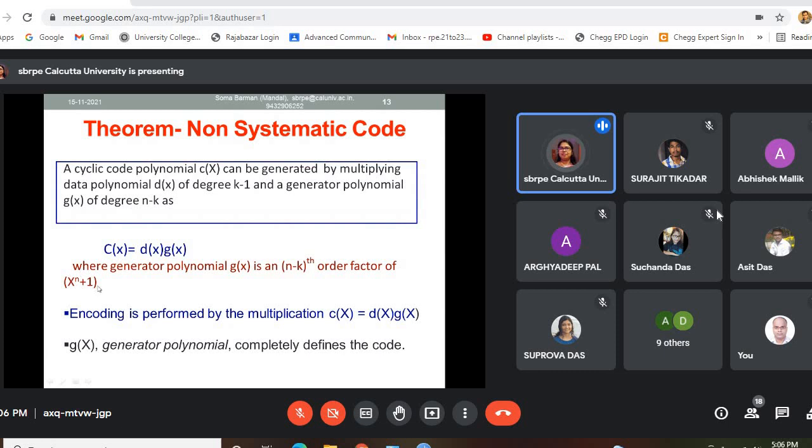So you have to factorize x to the power n plus 1, and this gives you the generator polynomial, and the order of the generator polynomial will be n minus k. It will be more clear when I give an example. So encoding is performed by the multiplication, that is Cx equal to dx into gx. That is already mentioned here. So the generator polynomial gx completely defines the code.